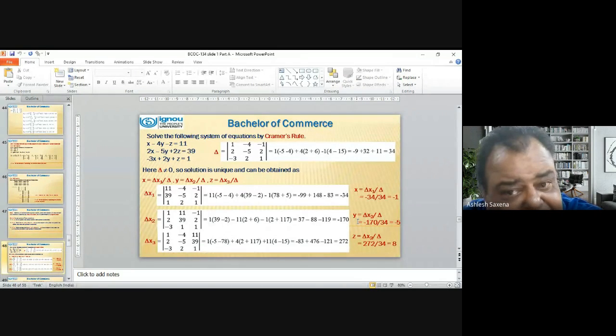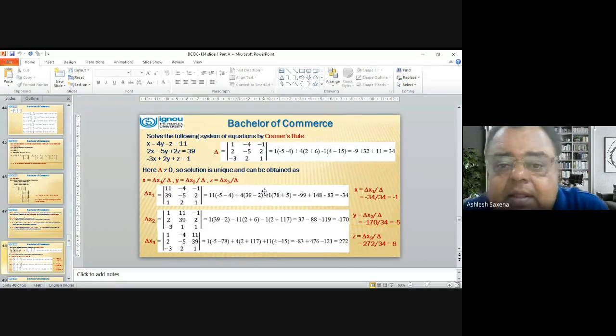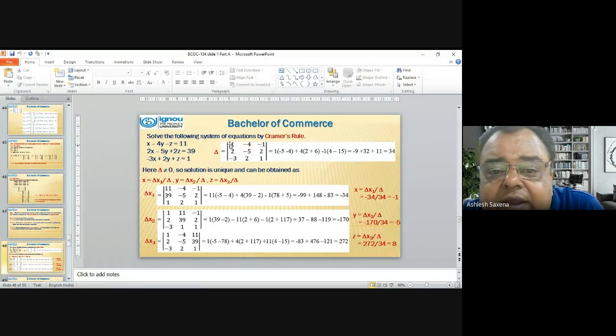Now, how to calculate this determinant value? If you remember, I will be starting with this 1. I will be removing this row and this column, and I am left with this.